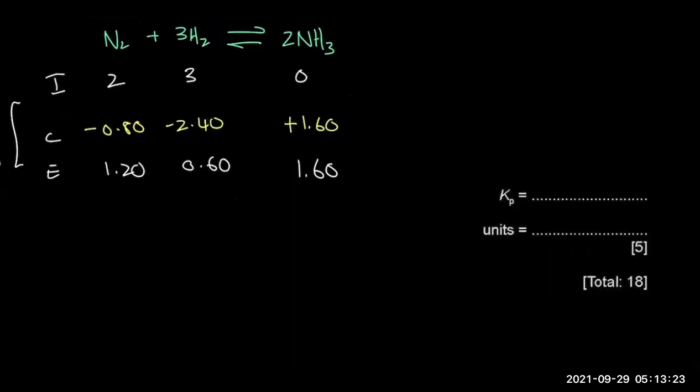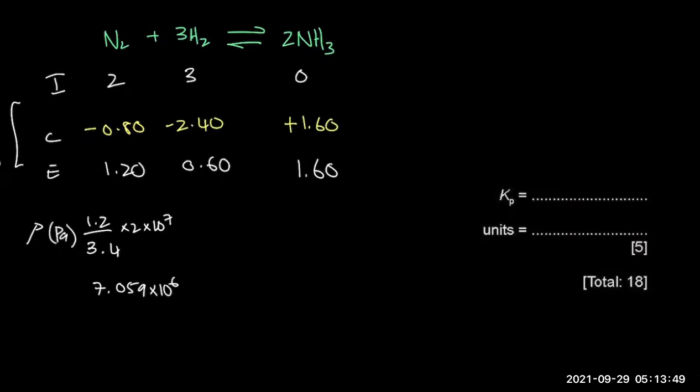So here the partial pressure is the mole fraction, that's the moles of nitrogen divided by the total number of moles, which is 3.4, times the total pressure. So what does this come to? 7.059 times 10 to the power of 6 pascals.